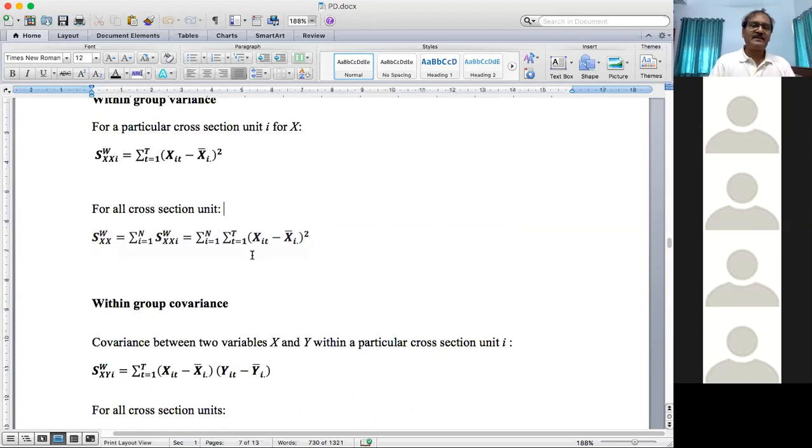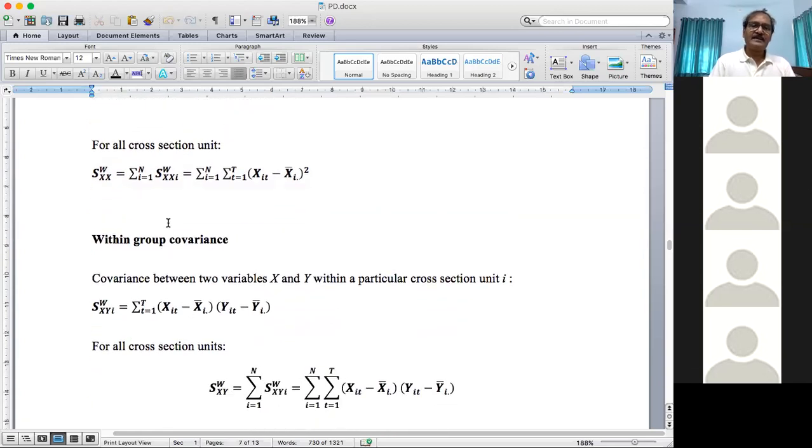So how do we get the within group sum of squares for all the cross-section units? This is the formula for a particular cross-section unit i. Here we have taken the sum over t only, not over i. So if we take again the sum over i, we can get the within group variance estimates for all cross-section units in the sample we have.